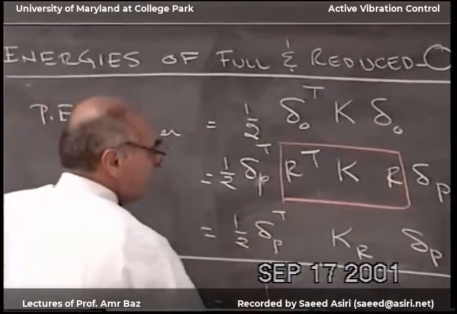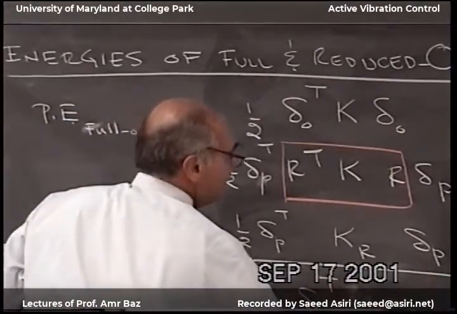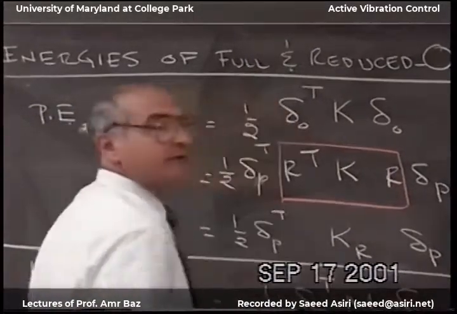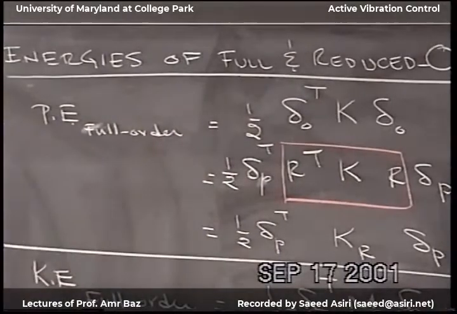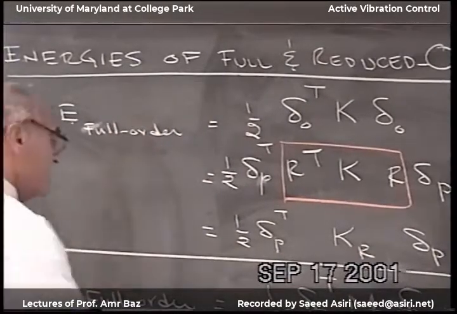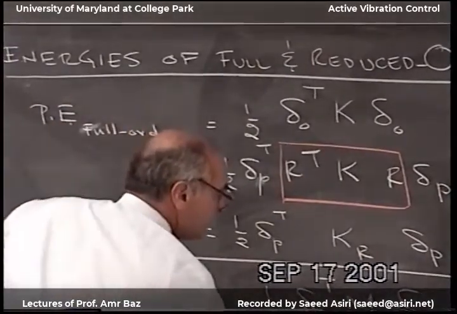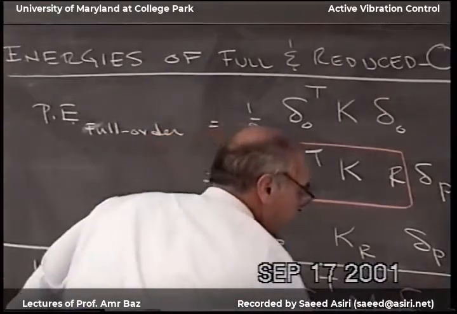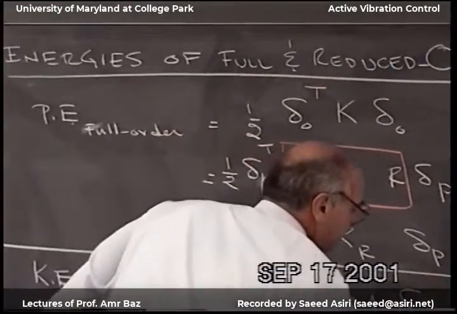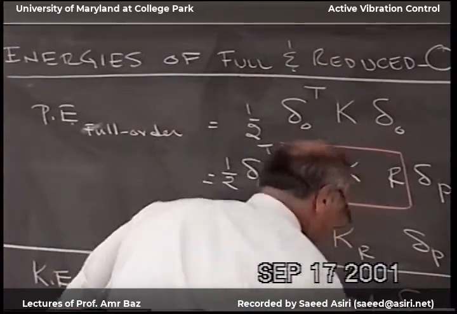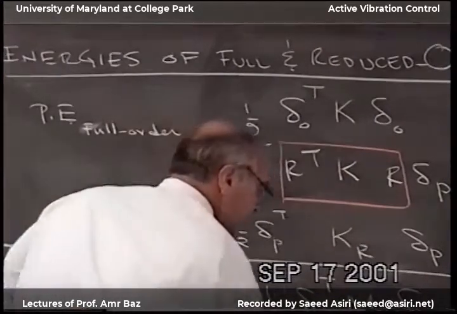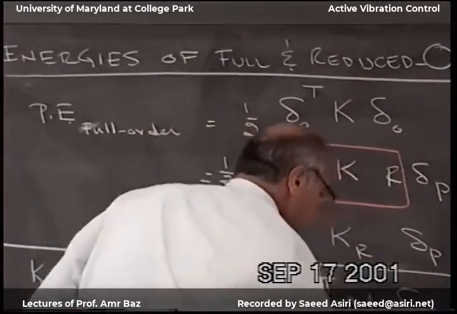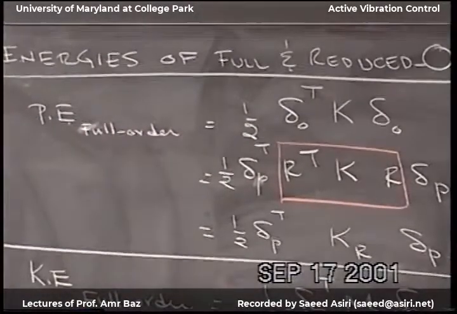I can write it down as 1/2 delta 0 transpose M delta 0. Put the same transformation, then we'll end up with delta P transpose R transpose M R delta P, and I'm going to call this the reduced order mass matrix.